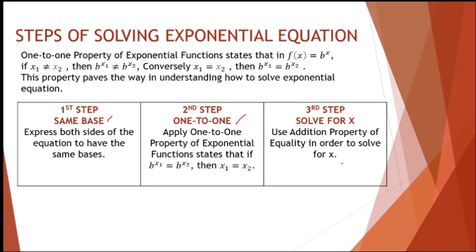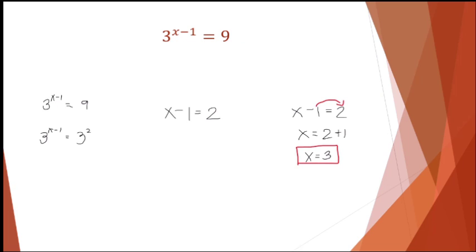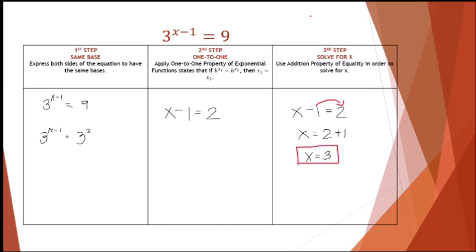Okay. How do we apply those 3 steps sa ating problem? Ayan, next. In our problem, we have 3 raised to x minus 1 power is equal to 9. So, we have step 1. Express both sides of equation to have the same bases. Kung mapapansin ninyo, paano po naging ganito?